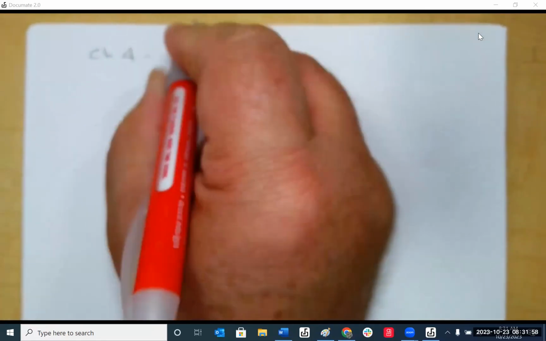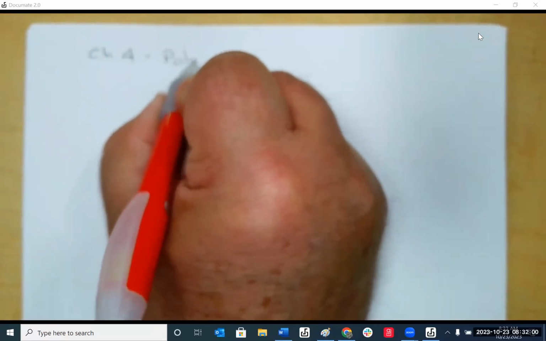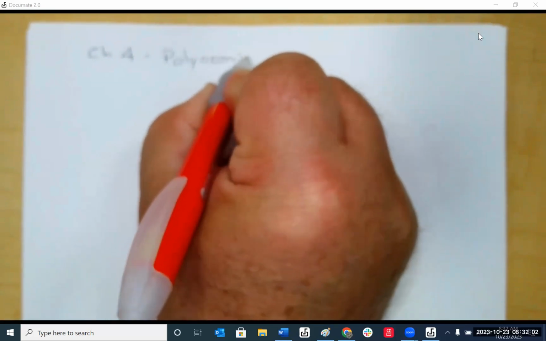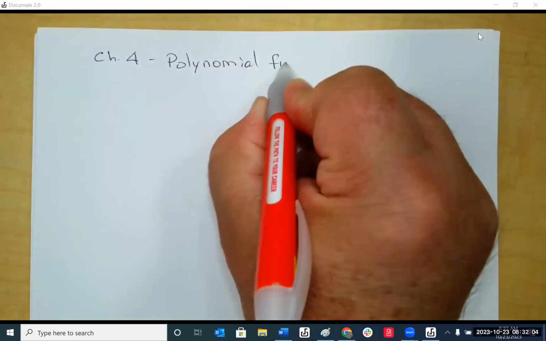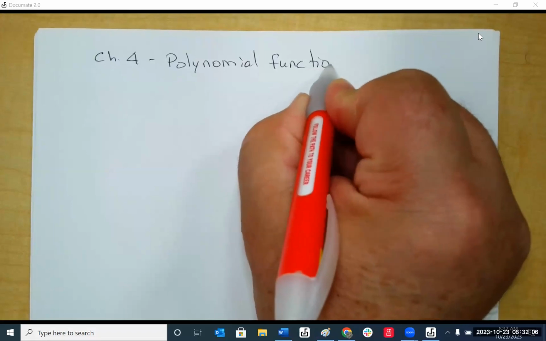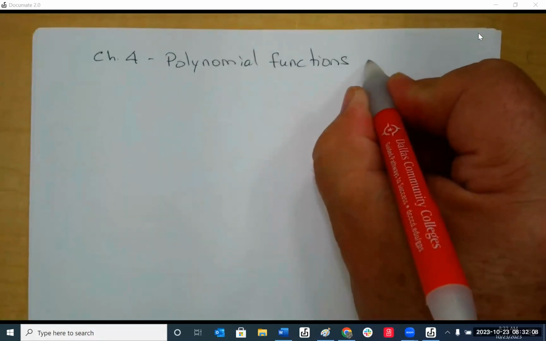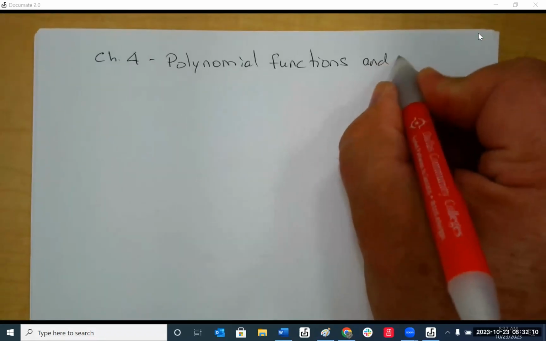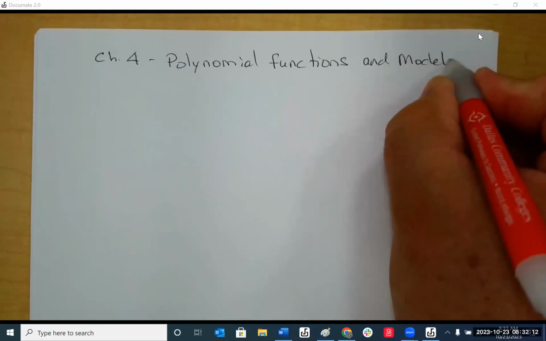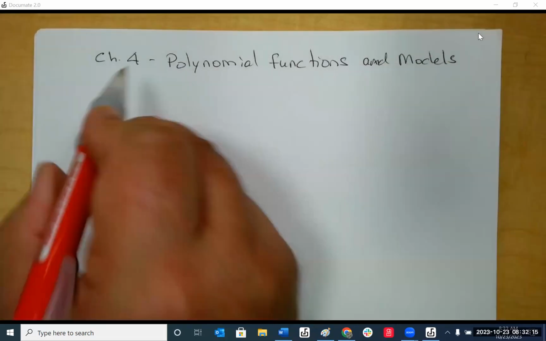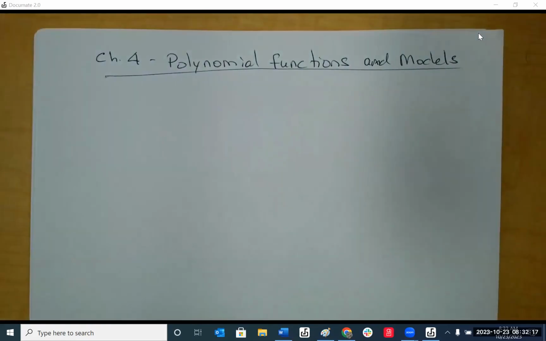Chapter 4 deals with polynomial functions and models. All that means is how we can use them in the real world.